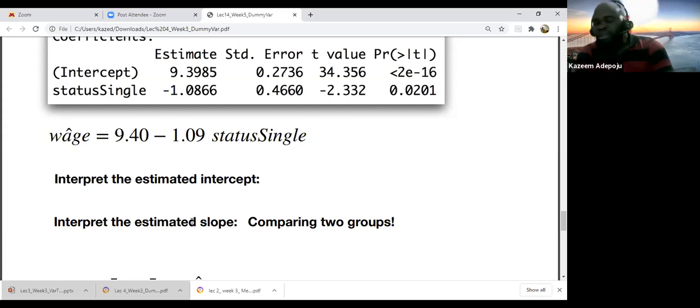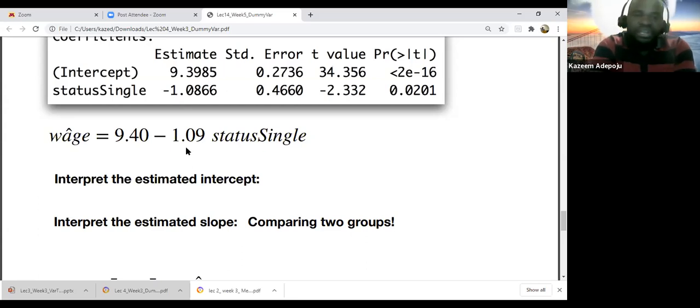Let me tell you that this is the beta 1. If beta 1 equals 0, if this guy here is not different from 0, we're actually going to have the control, the point of reference.